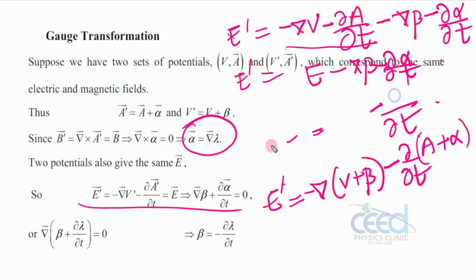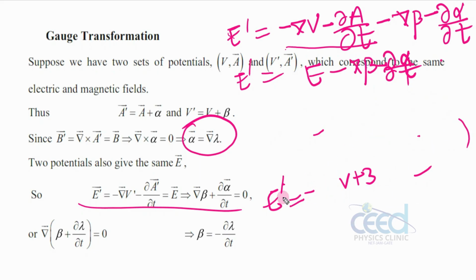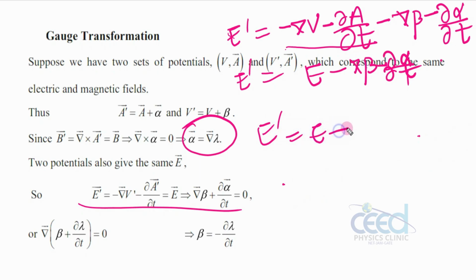Now, we studied alpha is equal to del lambda, right? So E dash is equal to E minus del beta minus del of dou lambda by dou t.